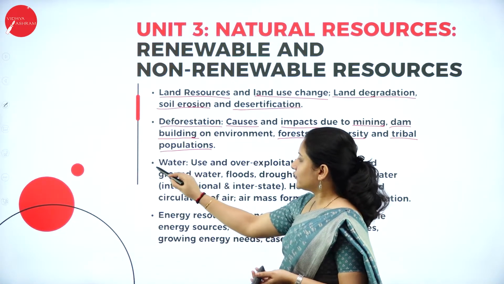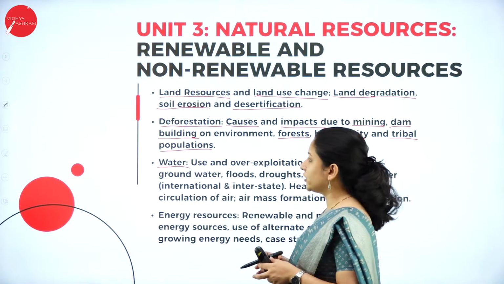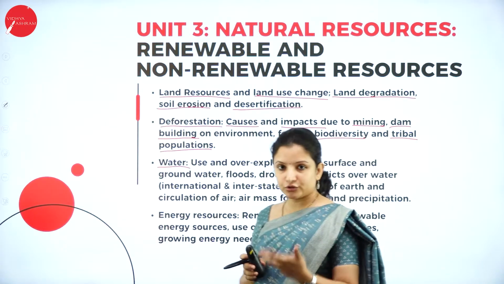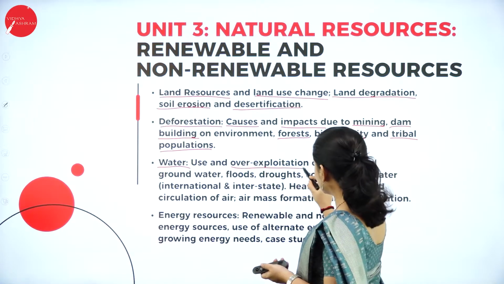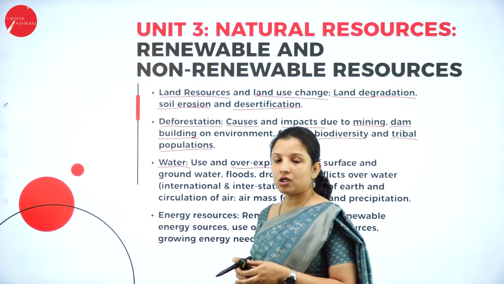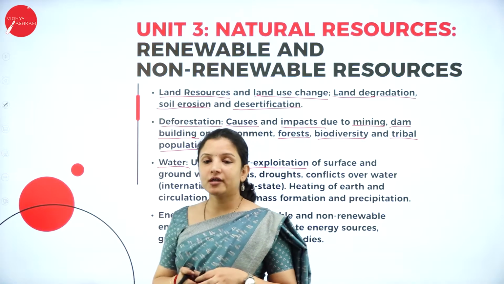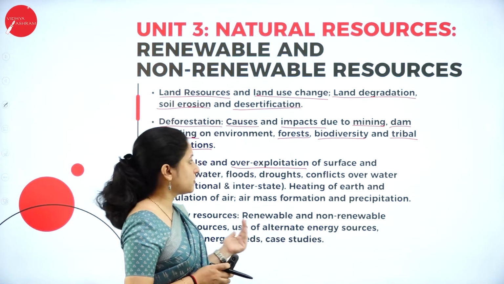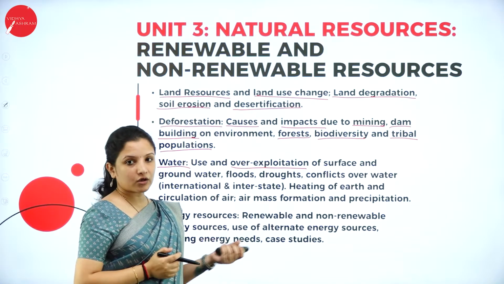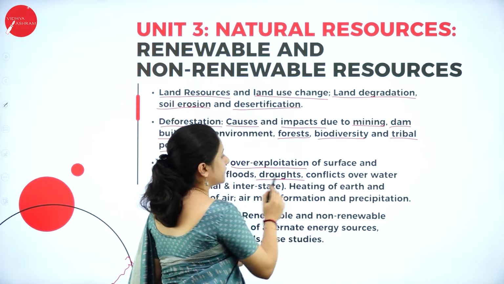Next, talking about water in this unit, how water is useful for us and how we are over-exploiting surface water and groundwater. Surface water and groundwater have been over-exploited by a number of factors. What are those? We shall look into that. And how water scarcity occurs because of droughts.